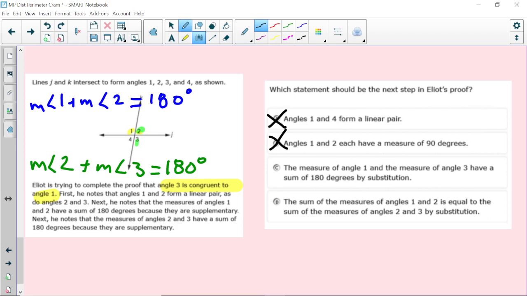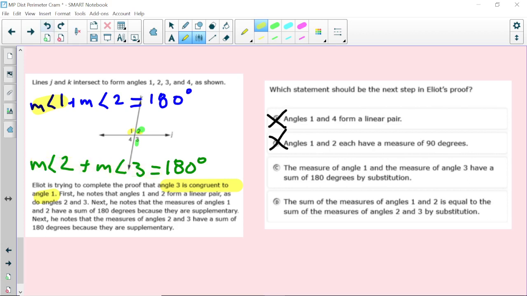Option C: the measure of angle 1 and the measure of angle 3 have a sum of 180 degrees by substitution. If the measure of angle 1 plus the measure of angle 3 somehow equaled 180, then that would be our substitution. But nowhere am I seeing that I can substitute the measure of angle 1 into this statement.